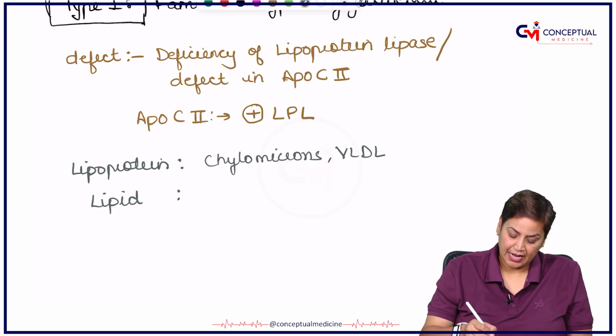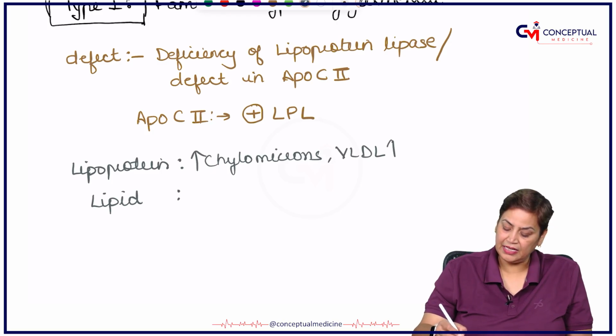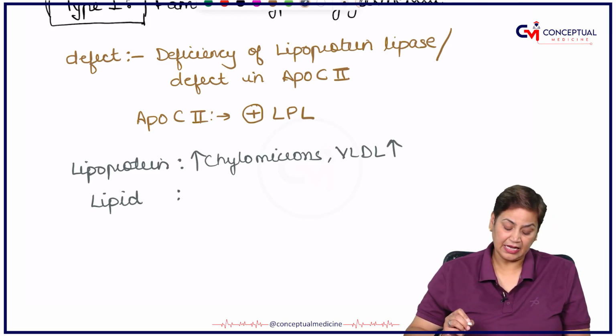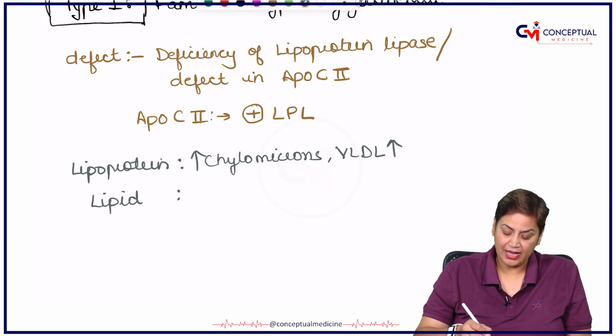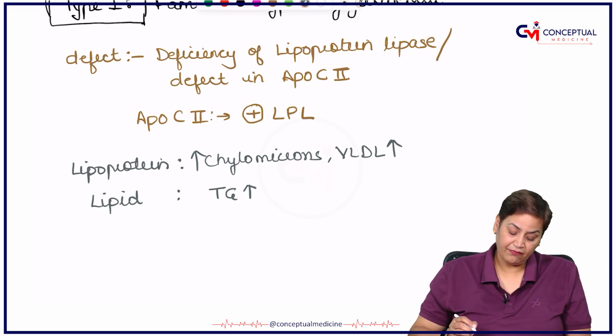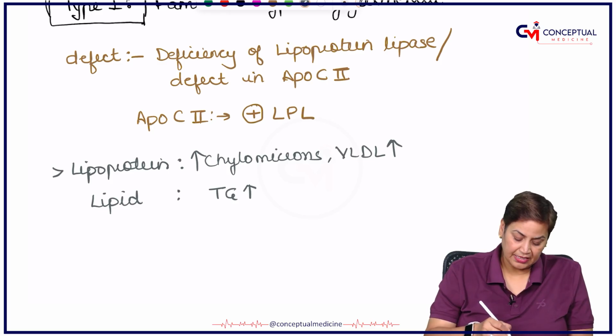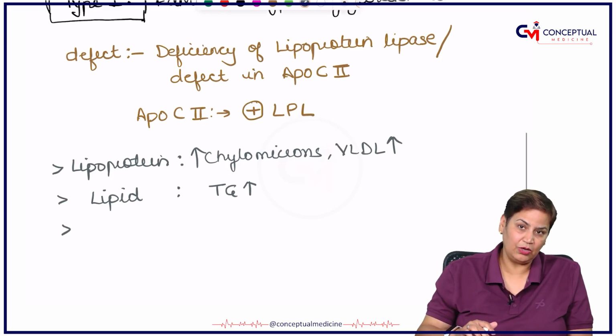So chylomicrons and VLDL will be elevated. And coming to the lipid, triglycerides, TGs will be elevated. And if we talk about the concentration of cholesterol, most important, here cholesterol level will be normal.